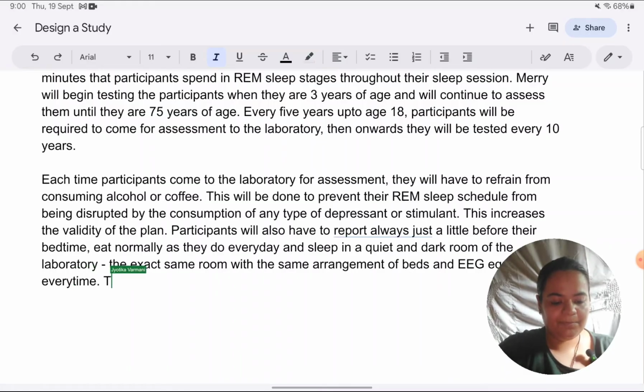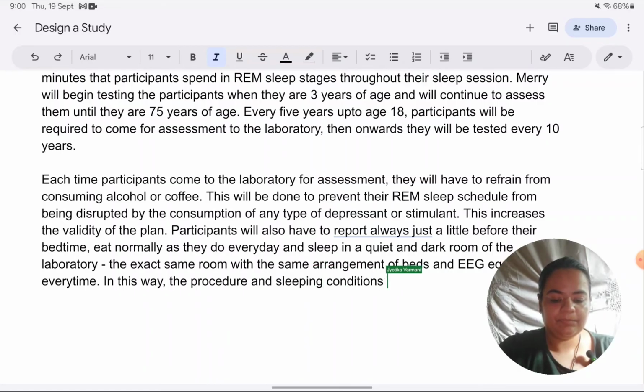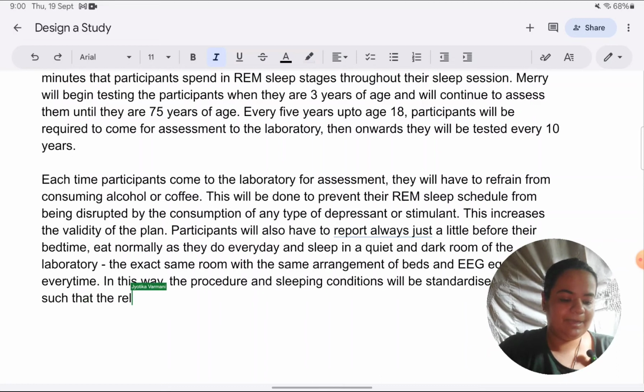In this way, the procedure and sleeping conditions will be standardized by Mary such that the reliability of the plan is increased.